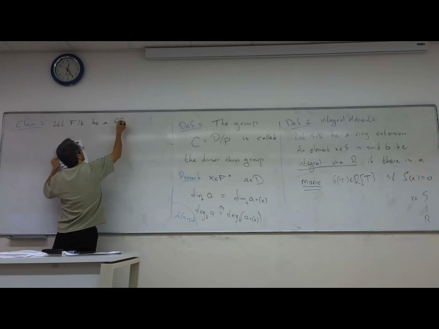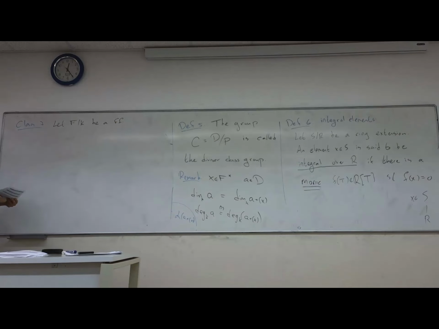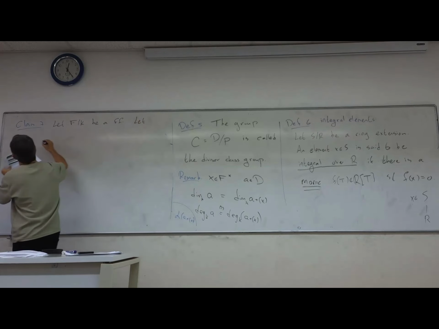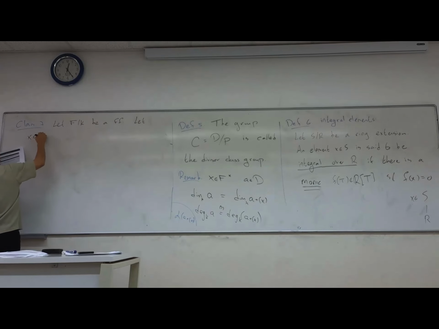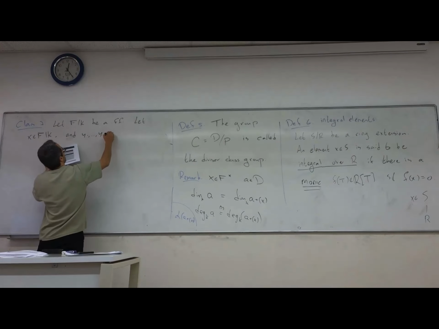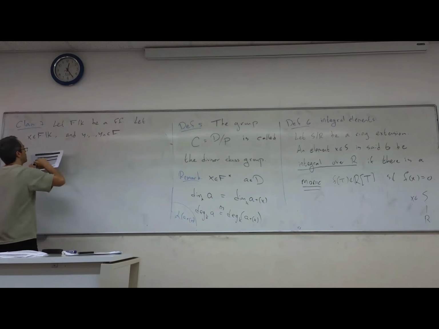In function fields, you also have rings, like O_P is a ring and stuff like that. So you'd expect that. And let x be any non-zero, non-constant function, and take some n other functions.